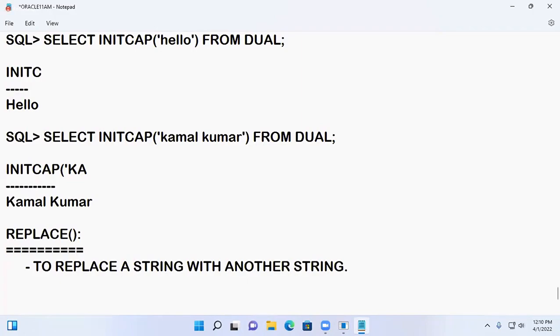Now you can see, a string to another string. For example, how is it?